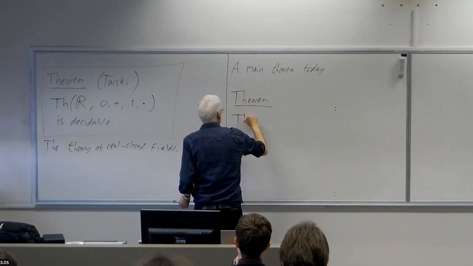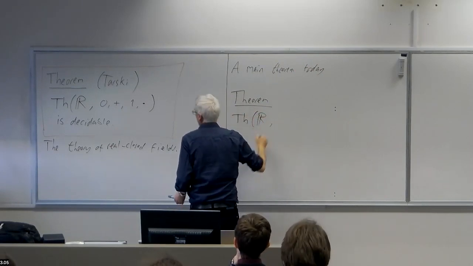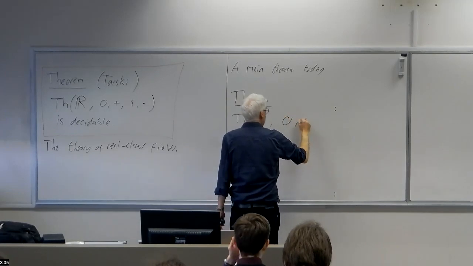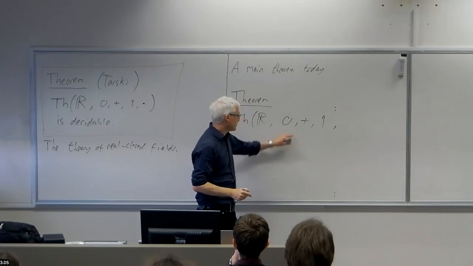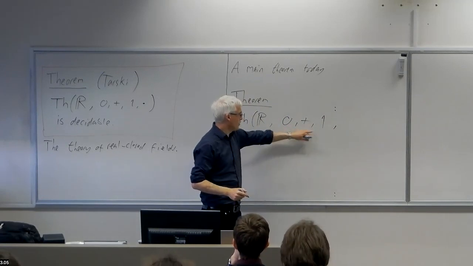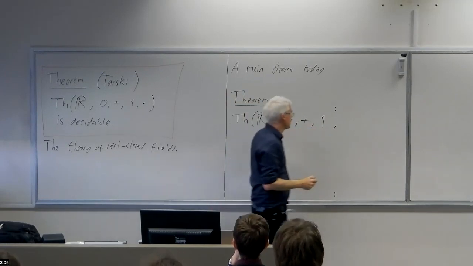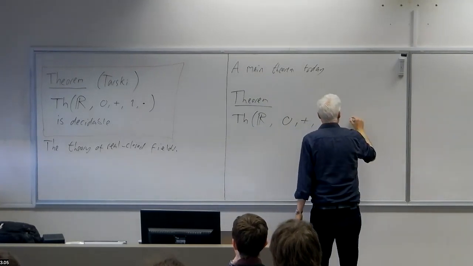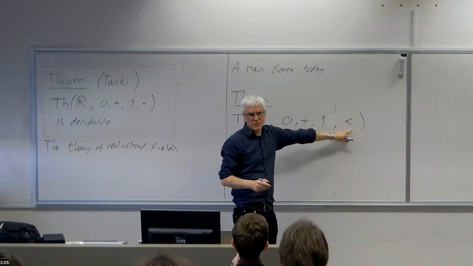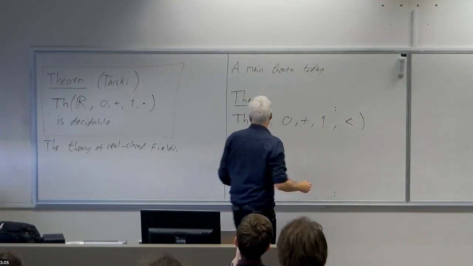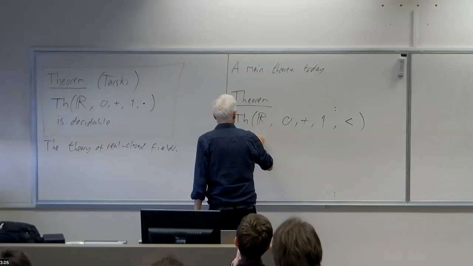This is the theory of the real numbers where we remove multiplication. We've got the additive group and we've got 1. But in place of multiplication, we're going to put in the binary strict order relation. But this theory is decidable.